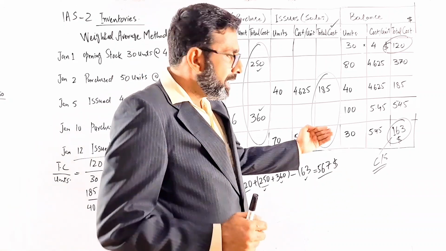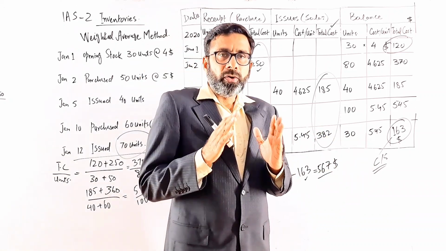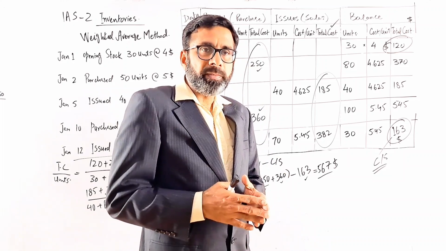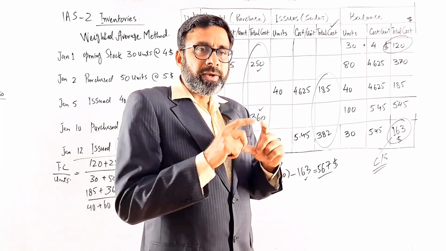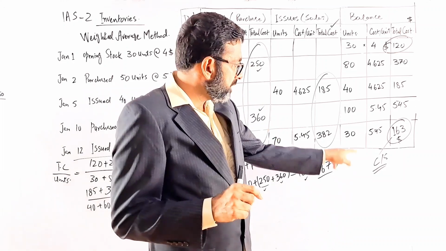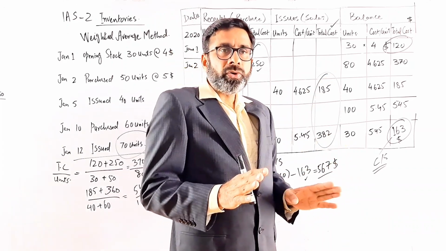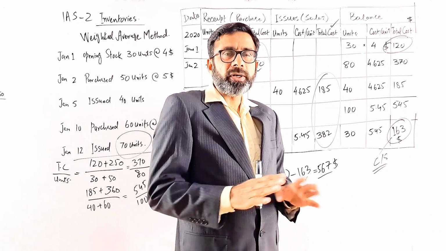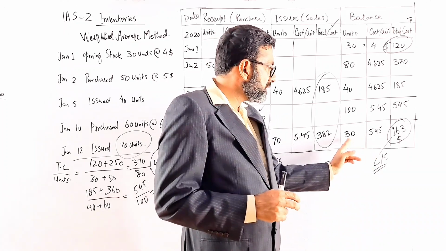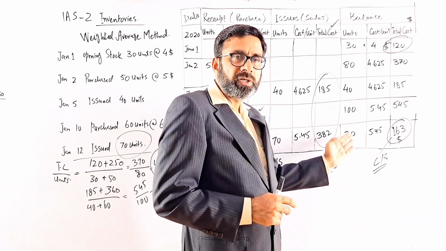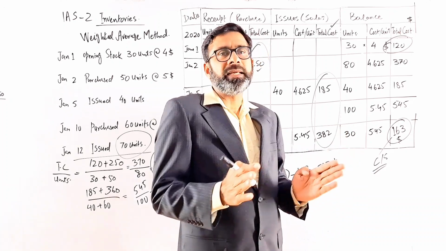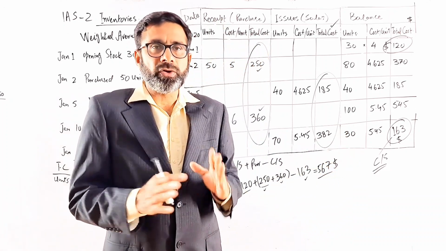So at the end of the month, the owner of the company, or the manager of the company, or the inventory manager has to count physically the number of units, and if the number of units is 30, it means there is no mistake, there is no fraud, there is no error. But if the number of units physically is more than 30, or less than 30, it means there is some error, or some fraud, or some mistake.